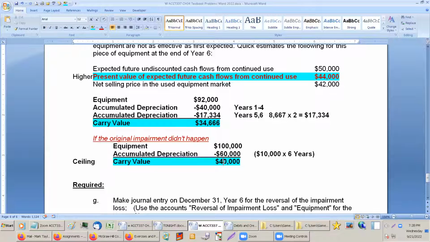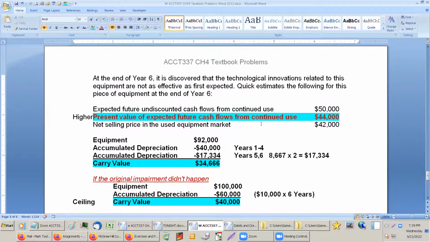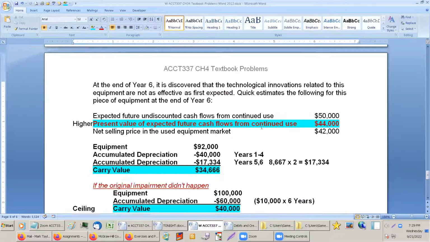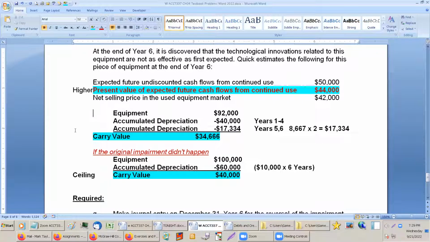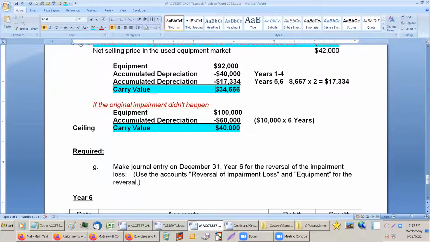So it can't go above 40,000, so we're gonna write this up to 40,000. Okay, so how much are we going to write this up by?